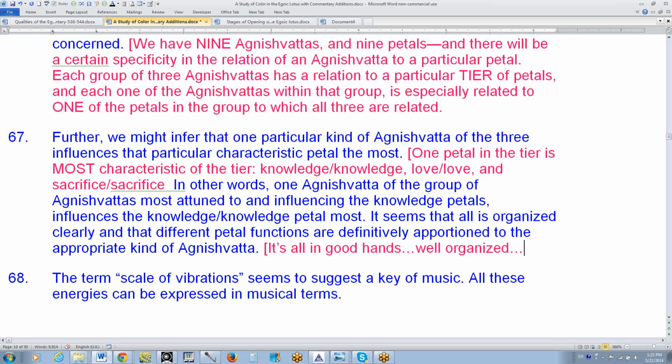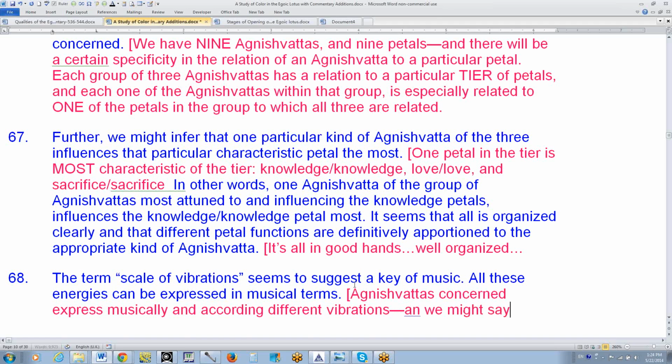The term scale of vibrations seems to suggest a key of music, and all these energies can be expressed in musical terms. Let's just say the Agnishvattas concerned express musically and according to different vibrations.